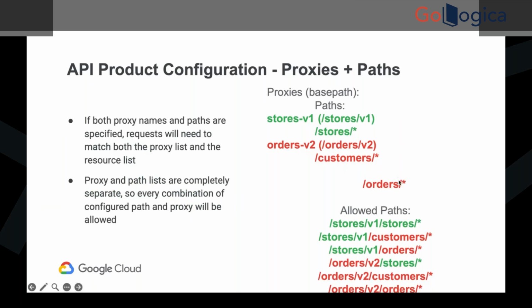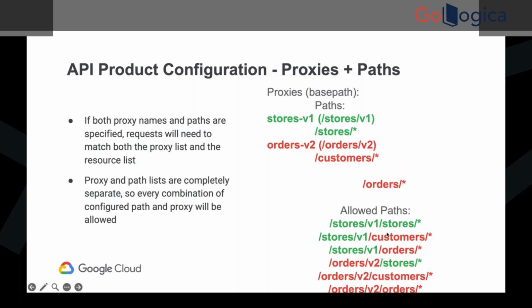Now if you give these two proxy names and these three paths, Apigee will not understand which path belongs to which proxy. So Apigee will allow all the possible combinations for each proxy. For stores v1, Apigee will allow stores star, which is a valid path in the proxy, and customer star also and order star also.